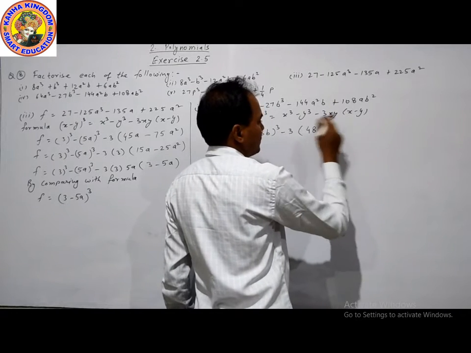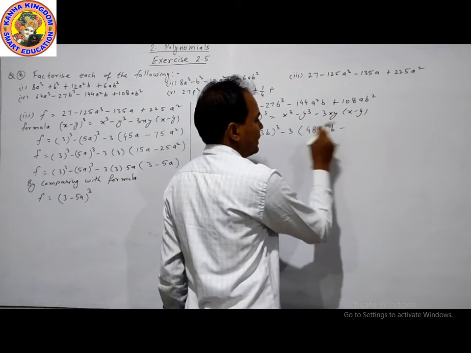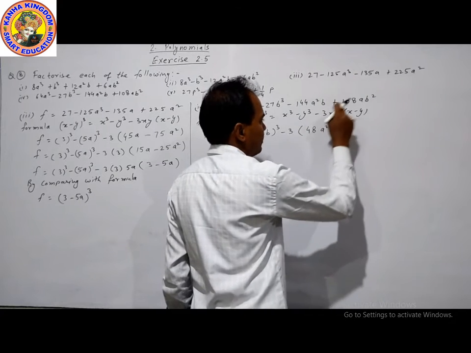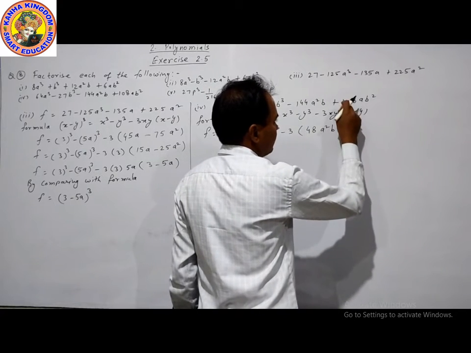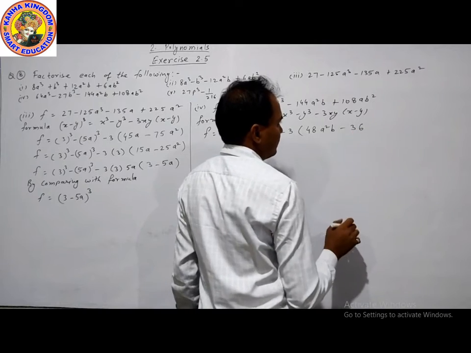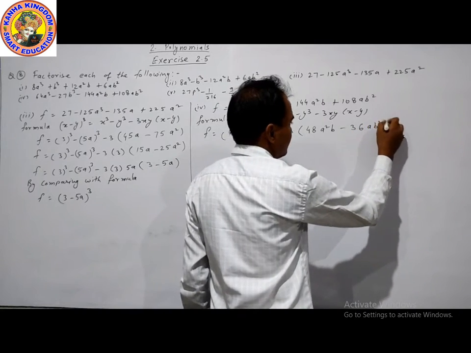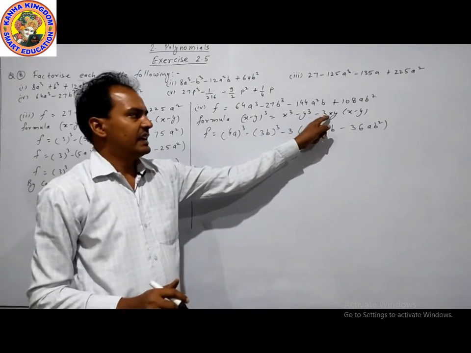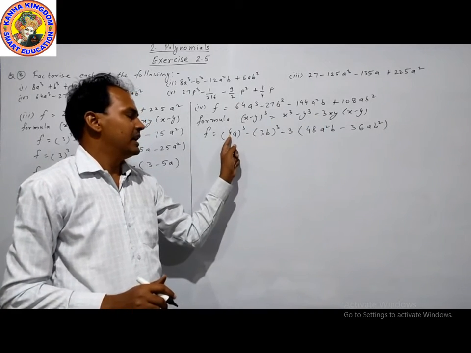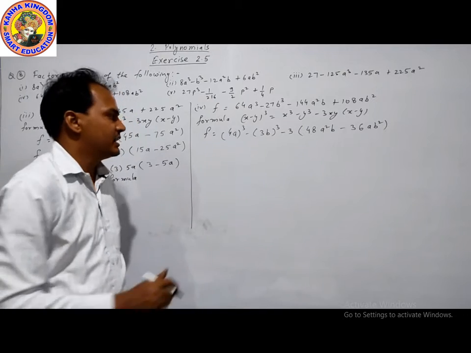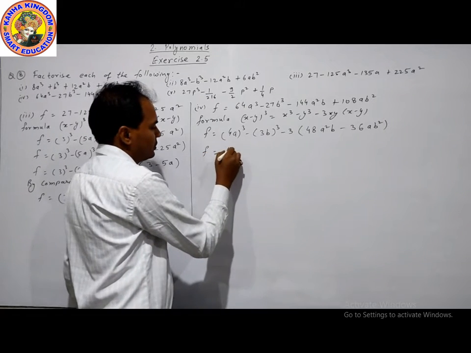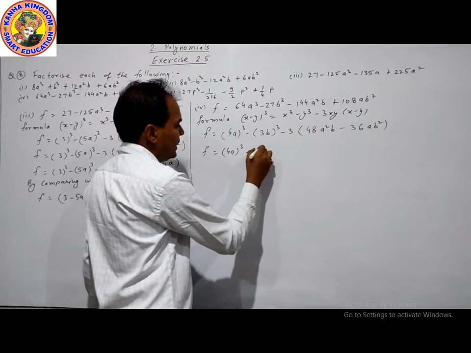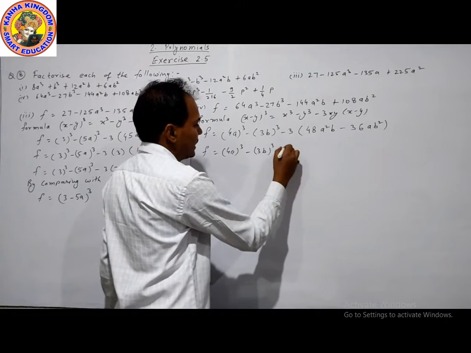Taking minus as a common, so this will be minus, because minus into minus is plus. Now dividing by 3: 3 times, 6 times. Then ab square. In the next step, taking x as a common, meaning taking 4a as a common. 4a cube minus 3b cube minus 3.